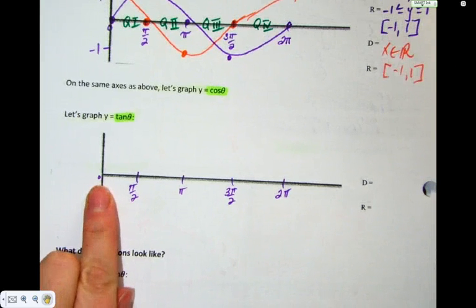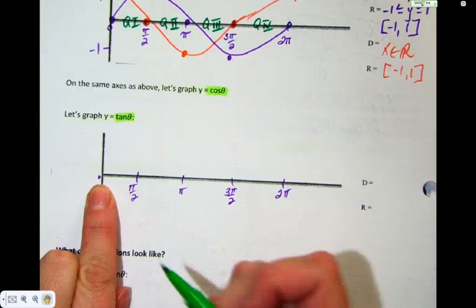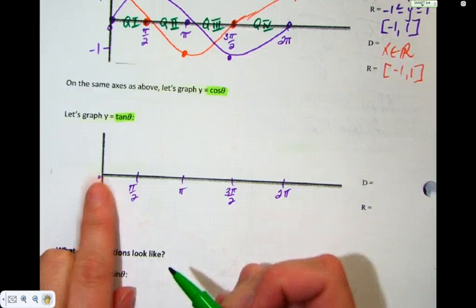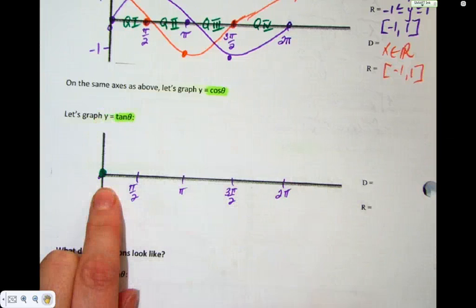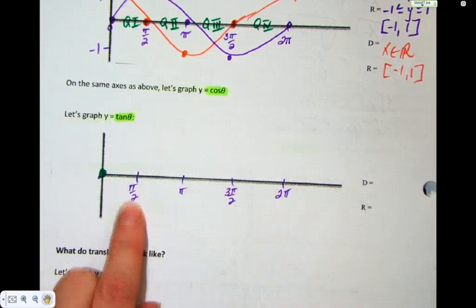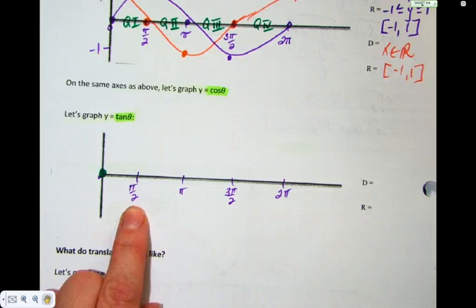So right-hand side of the circle, what's the tan value? Sorry? 0. So tan at the right-hand side of the circle, tan is 0. Tan of pi on 2. Okay, how do I draw something that's undefined? How do I draw something that doesn't exist?